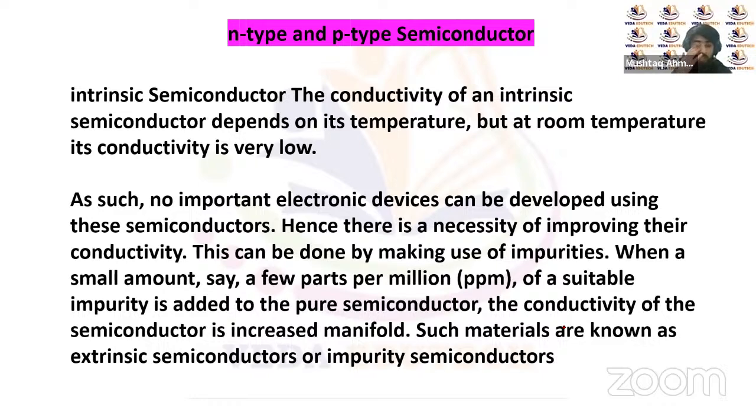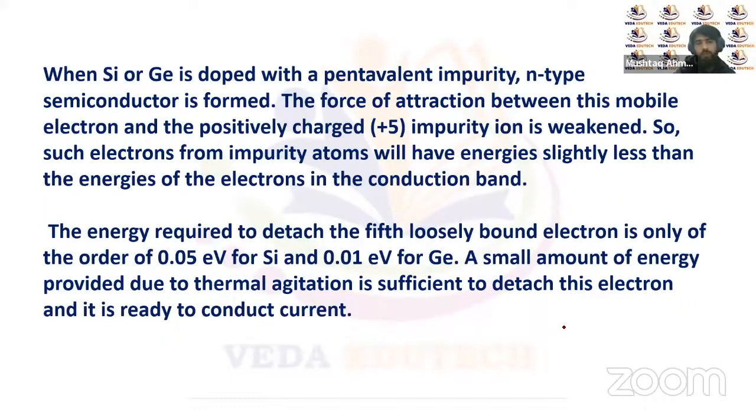This is how the doping is done to the semiconductor in order to increase its conductivity. The conductivity of the semiconductor increases manifold. Such material we call extrinsic semiconductors, or impure semiconductors.